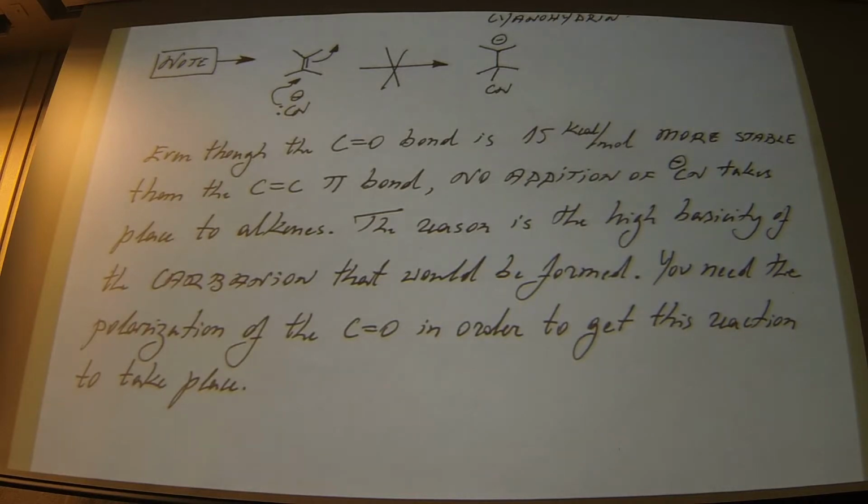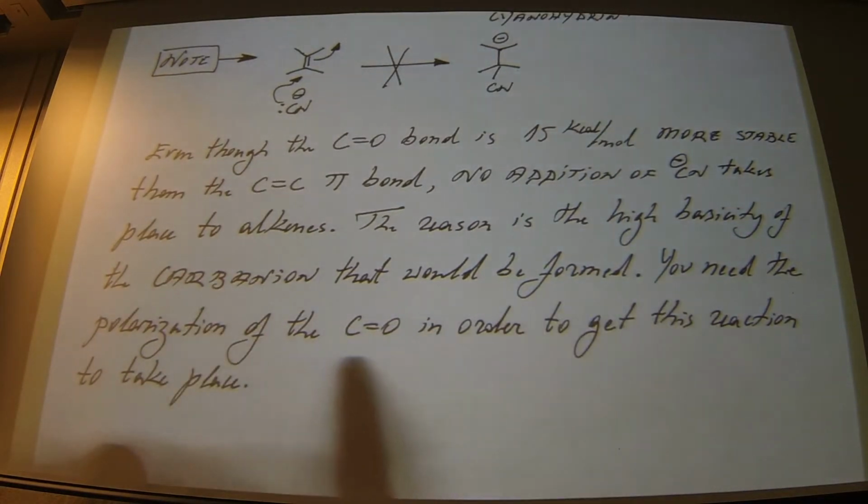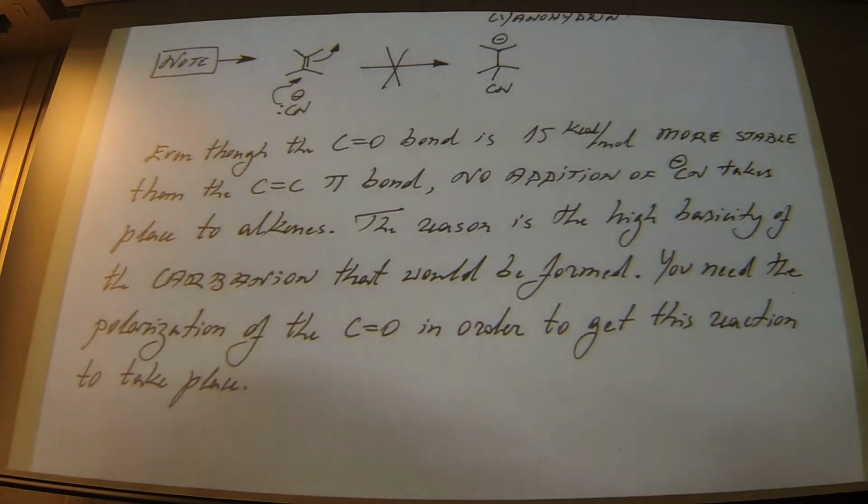If you're going to do an addition to a carbon-carbon double bond, you're going to form a carbanion. If that carbanion is very strongly basic, forget it, it's not going to happen. So the polarization of the carbon-oxygen double bond is what you need for this to take place. And this is going to be true not just for cyanide, but for each and every nucleophilic addition that we talked about, and nucleophilic additions not just to ketones and aldehydes, but to esters and amides.